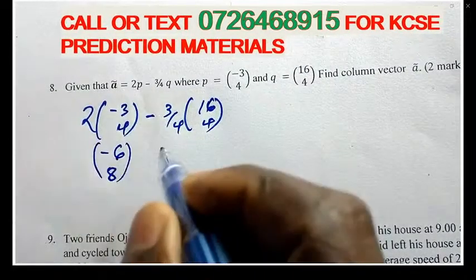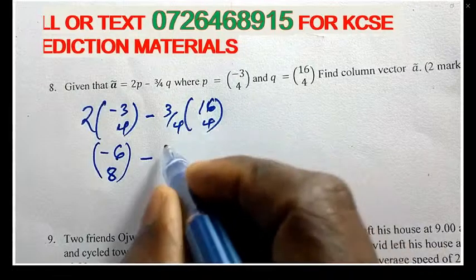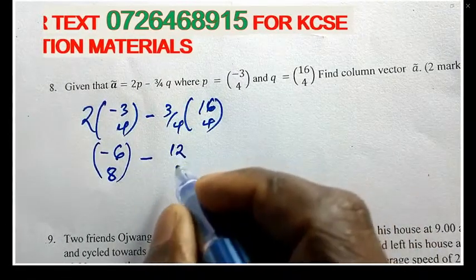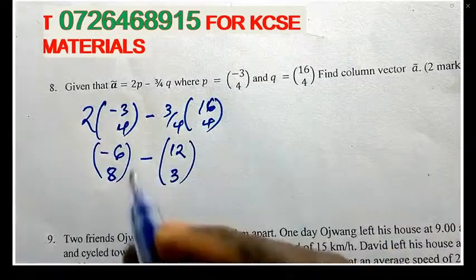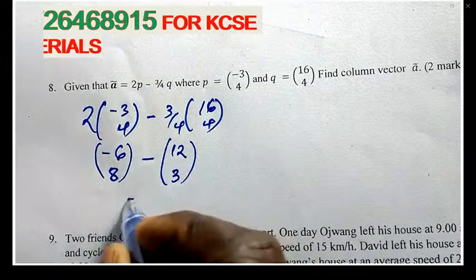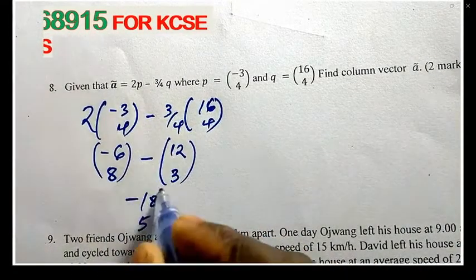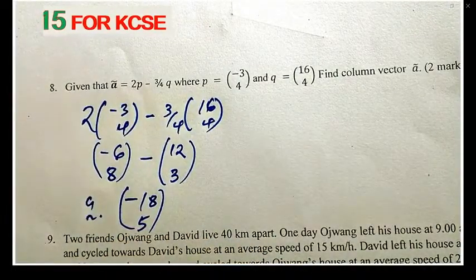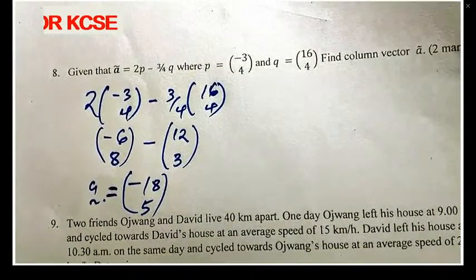Minus this times that is going to be 12. This times this is going to be 3. So negative 6 minus 12 is negative 18. This minus this is going to be 5, and that is vector A. That is the answer. Simple as that.